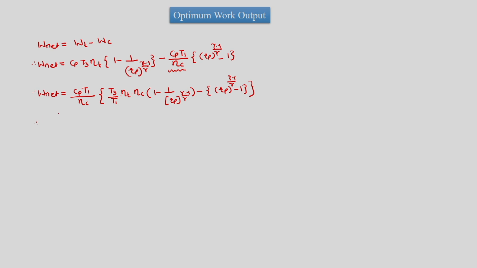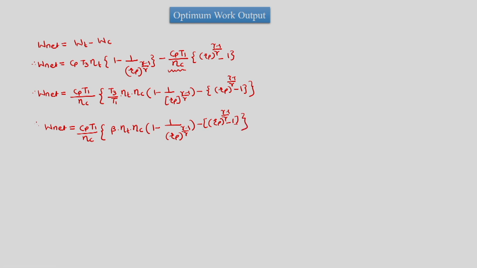So we can replace T3 by T1 as beta and rewrite this expression, which states Cp T1 upon eta c, where we have beta eta t into eta c into 1 minus 1 upon Rp raised to gamma minus 1 upon gamma, minus Rp raised to gamma minus 1 upon gamma minus 1.